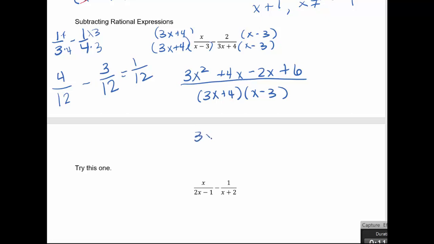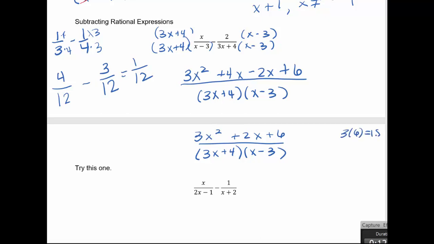Combine the middle. You're combining your like terms. And now you want to reduce this expression if you can. So 3 times 6, that's 18.